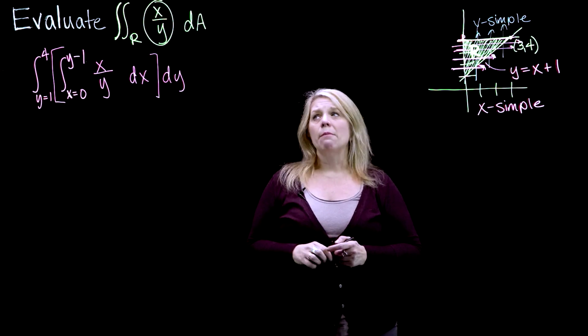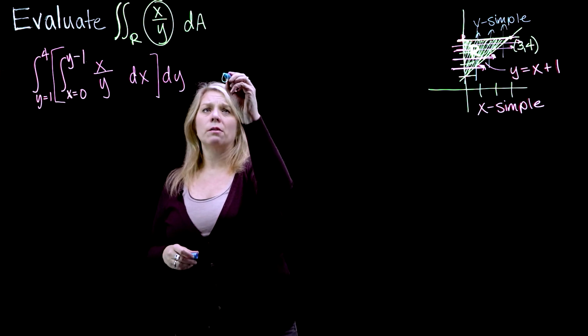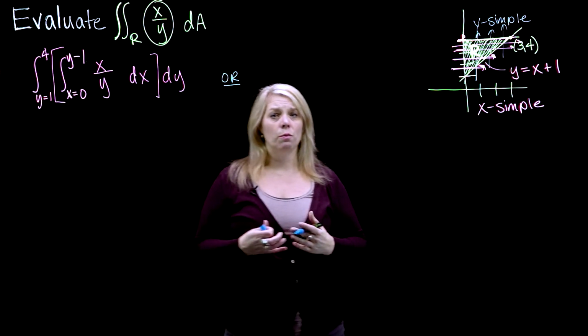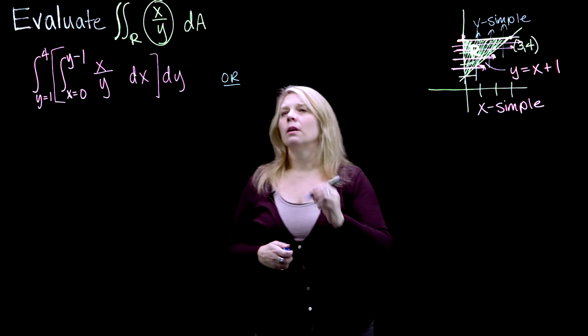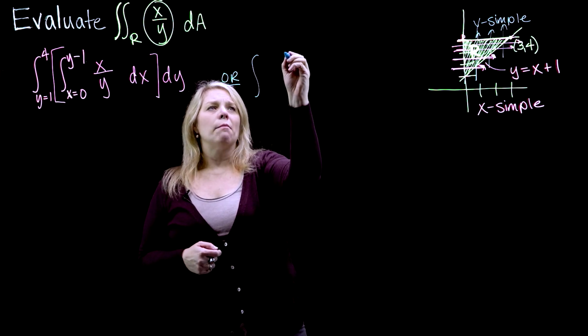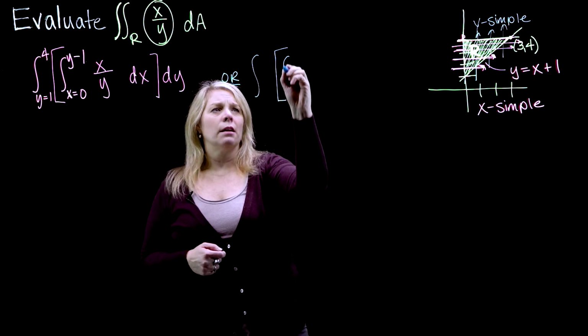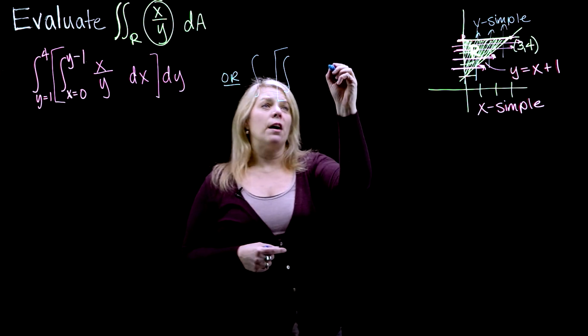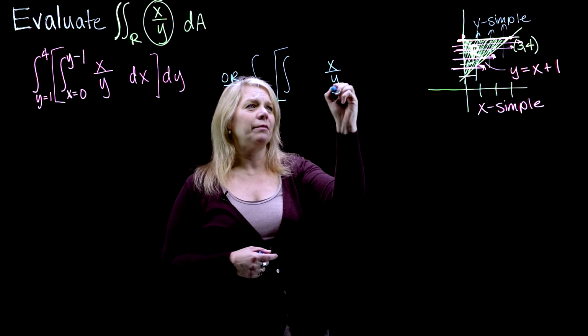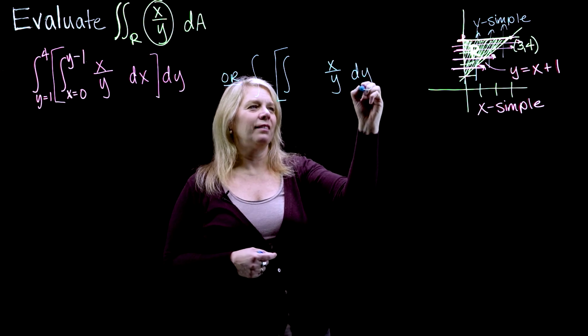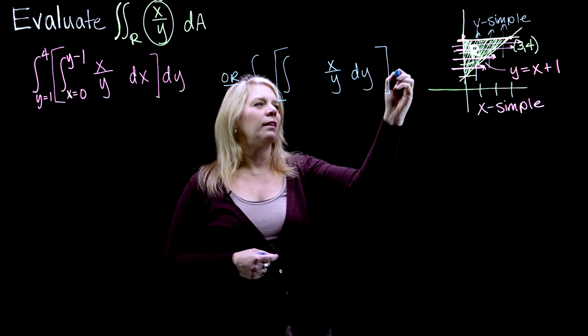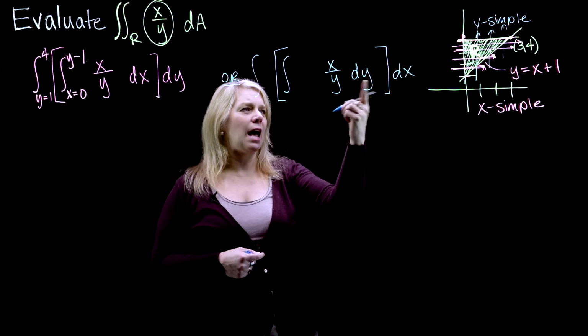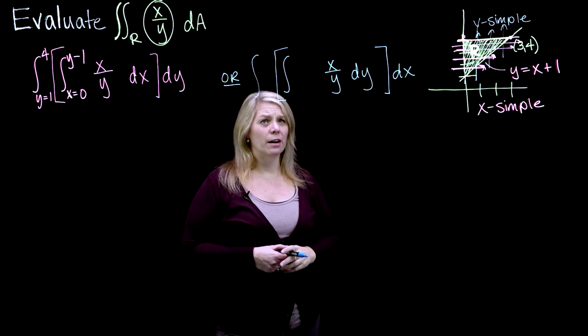If I want to set this up with y on the inner integral, we'll go ahead and do that here and then choose one of those two to evaluate. So I've got my outer integration sign, my inner integration sign here, my function that I'm integrating, and I want to set dy up on my inner integration.